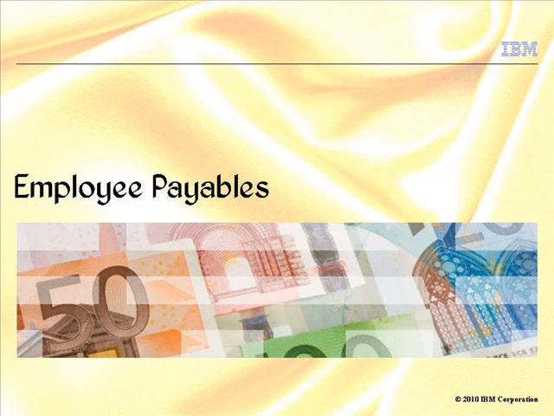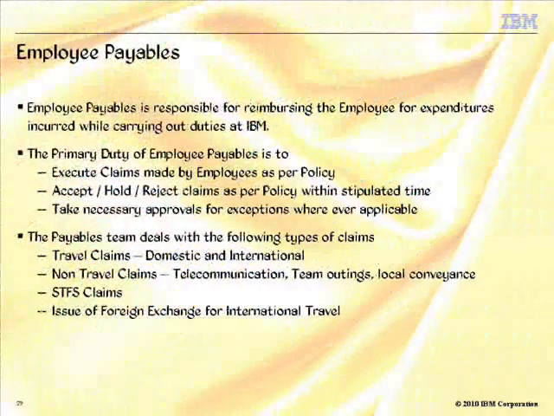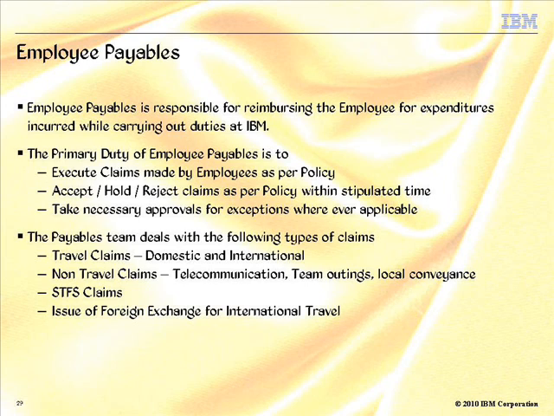Now, let's give you some insight on the employee payables process. Employee payables is responsible for reimbursing the employee for expenditures incurred while carrying out duties at IBM. The primary duty of the team is to execute claims made by employees, accept, hold, or reject claims as per policy, and to take necessary approvals for exceptions wherever applicable.